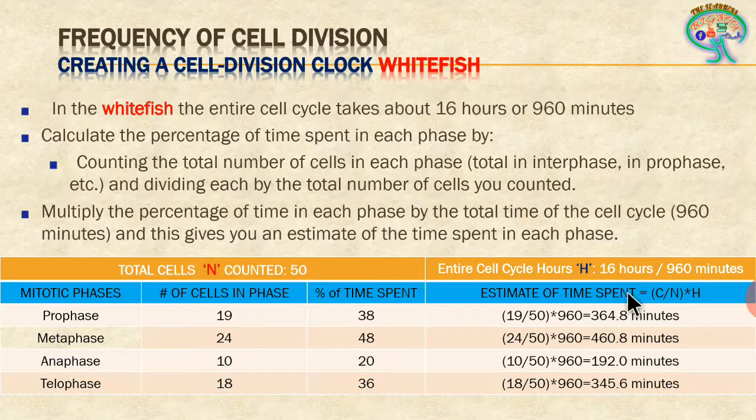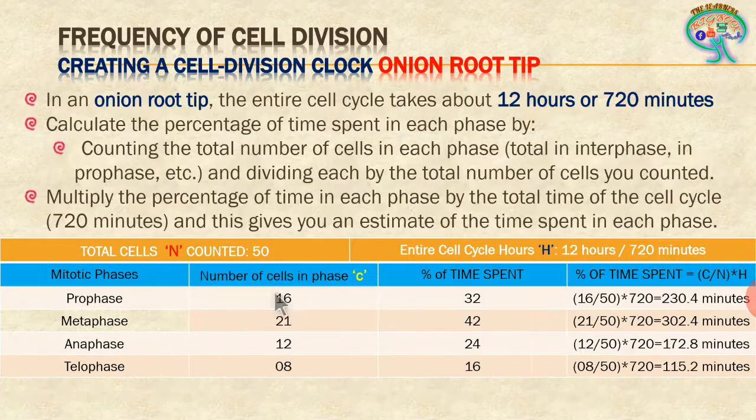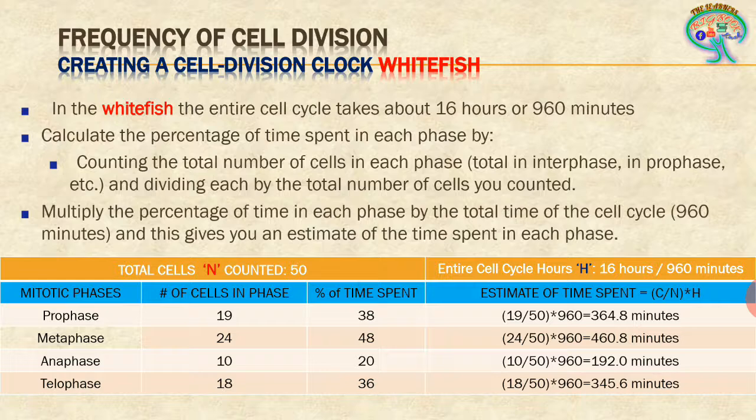So the estimate of time spent will be calculated using the formula we have constructed, where C is the number of cells in phase. This stands for C; we have mentioned it in this table. N is the total number of cells and H is the constant hours.